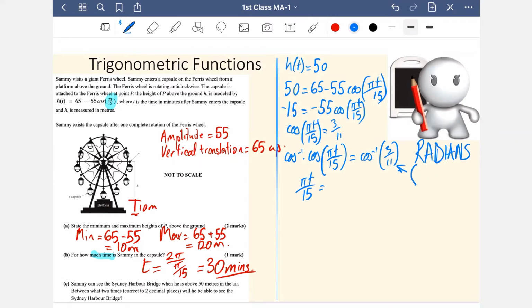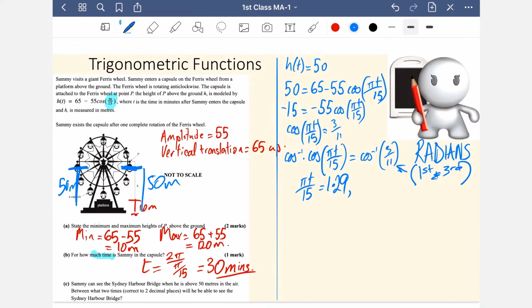And the last thing is that it's positive, so our answer is going to exist in the first and in the fourth quadrants. Now in the first quadrant, I'll be somewhere over here. Okay, this is 50 meters above the ground. And also over here, I'm also 50 meters above the ground. Alright, so let's continue. When I put this into my calculator, I'm going to get 1.29.